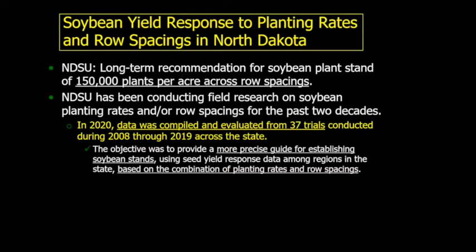In 2020, Hans and I spent some time to dig out the data from actually 37 trials and then evaluate the data. Ultimately, our objective was fairly basic, just to find that sweet spot between those two factors that would be appropriate for both the East as well as Western North Dakota.